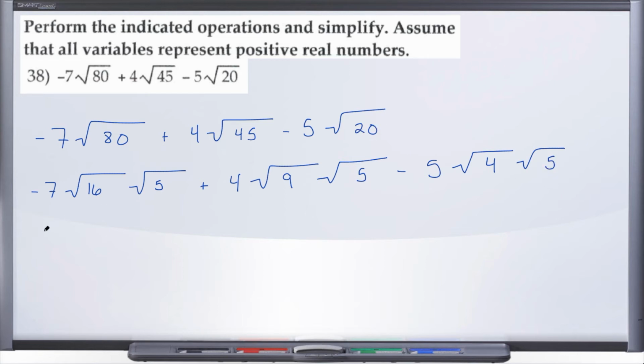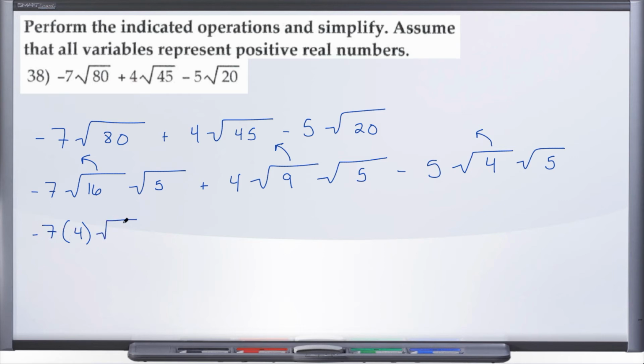All right, so let's go ahead and clean this row up. And by clean it up, I mean let's go ahead and take each of the good radicals. Let's take what those square roots are out and multiply that by what's on the outside. So here we have -7, and radical 16 becomes 4. So when radical 16 comes out as a 4, it's going to be multiplied by what was originally there, that -7.